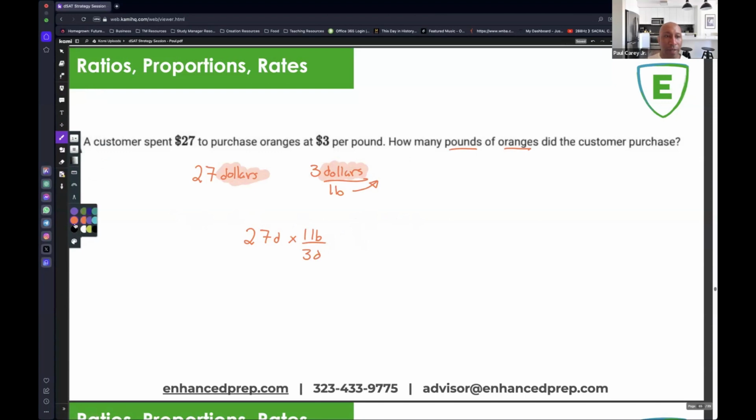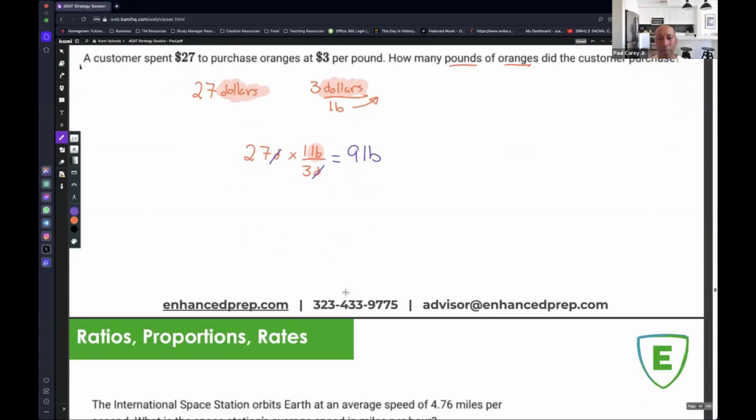Now we can cancel out our dollars. And the units that we're left over with are going to be our pounds. And that means that this is equal to 9 pounds. Okay. So just making sure that we're thinking about where our units are can help us out with these types of situations as we go through these different types of problems.